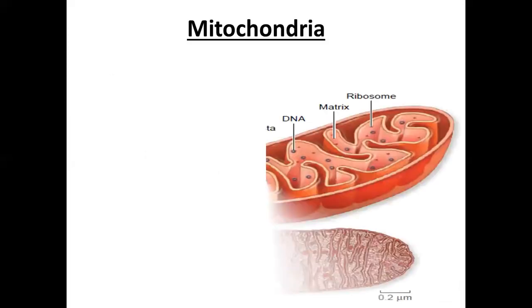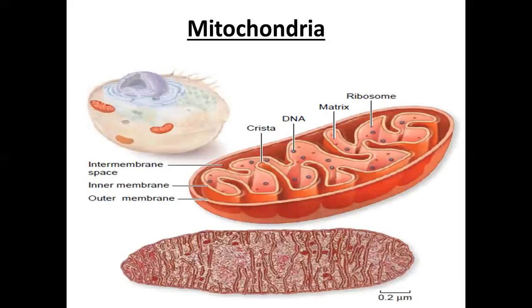Then the other organelle that we have is the mitochondria. When you look at the mitochondria and the chloroplast, they share similarities in their structure and functions. Structurally, they both contain a double membrane, and interestingly, they both contain their own DNA and protein synthesis machinery.